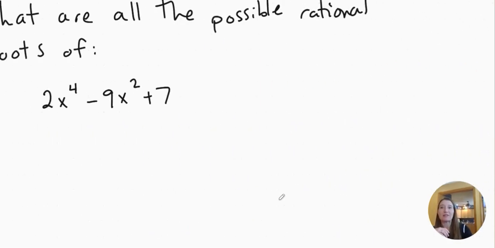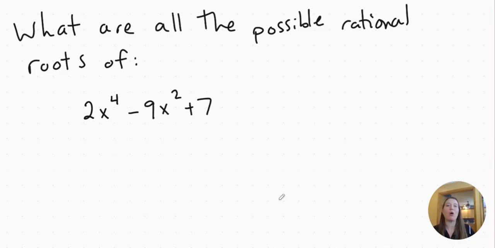Let's see that in practice. What if I was asked, what are all the possible rational roots of this thing? All right, so my factors of 7 are plus and minus 1 and plus and minus 7. My factors of 2 are plus and minus 1 or plus and minus 2.